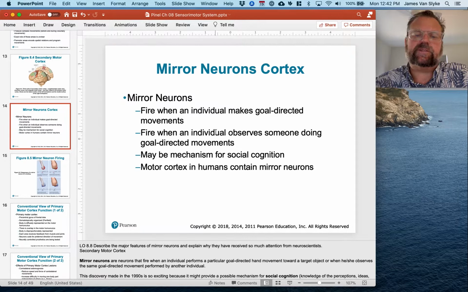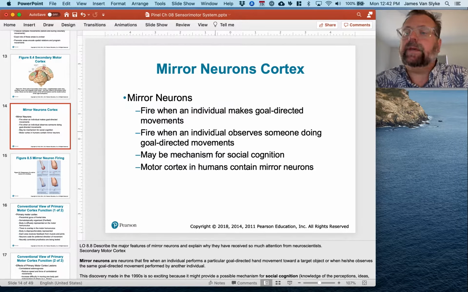So some have suggested this may be a mechanism for social cognition, and it may be part of the systems that are involved in imitation and mimicking what someone else is doing, mimicking different kinds of motor movements and motor actions, and may be a part of just general motor learning, social learning, and several other types of functions.